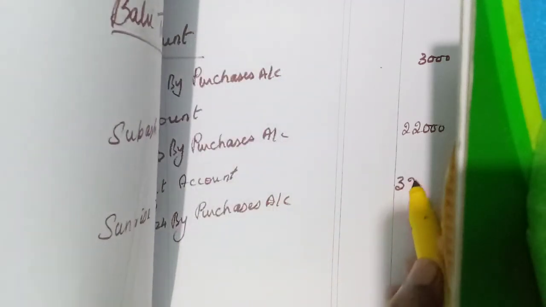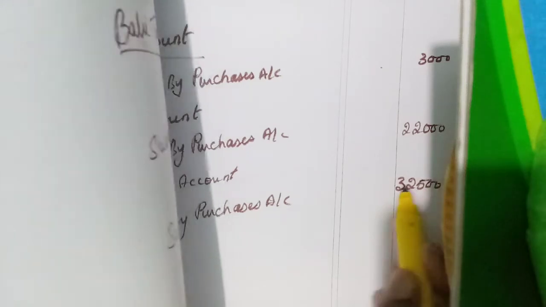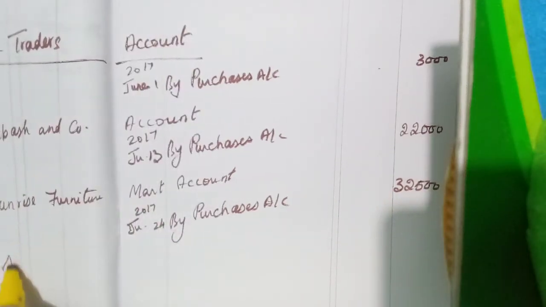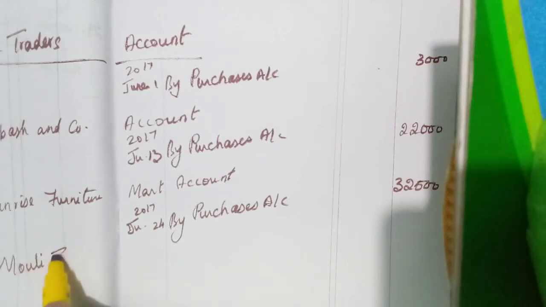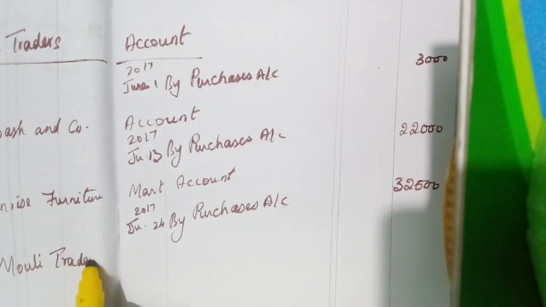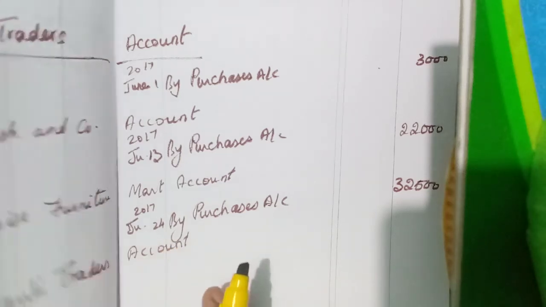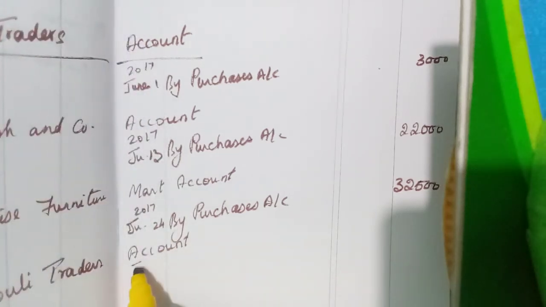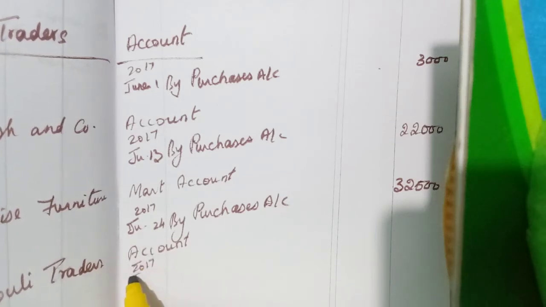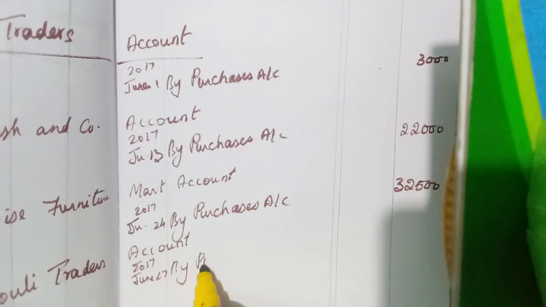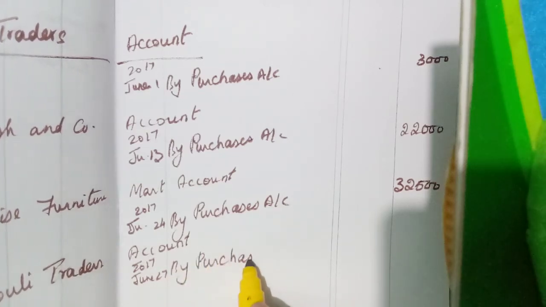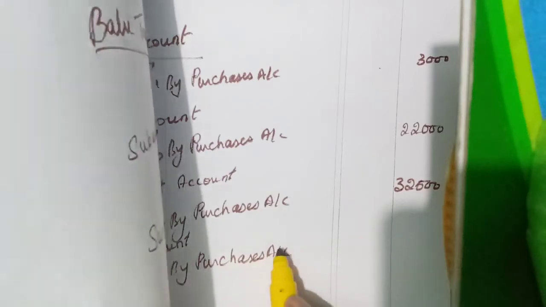By purchases account 32,500. Okay, then Mowgli Traders account. Date 27, 2017 June 27 by purchases account. 32,750.